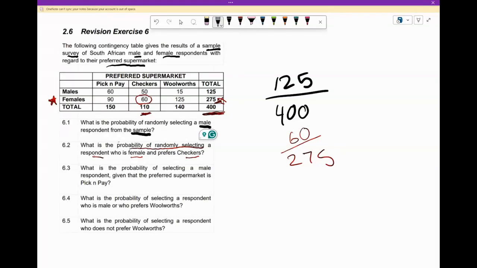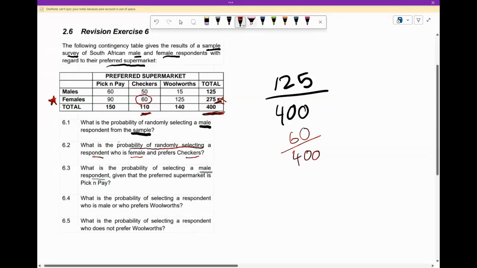But don't worry, guys. These things are tricky, and it's a matter of having gone over this a few times. Sorry, it is still 400.